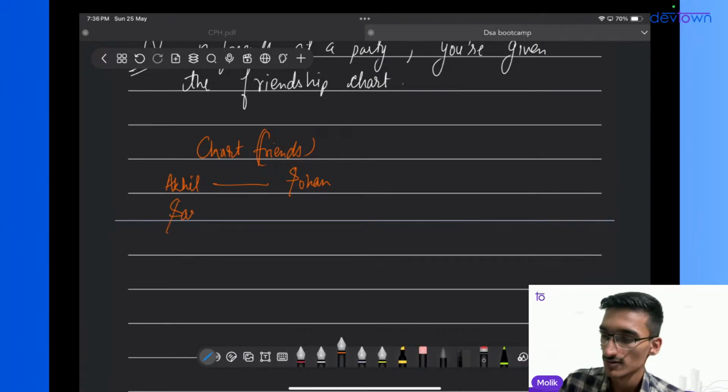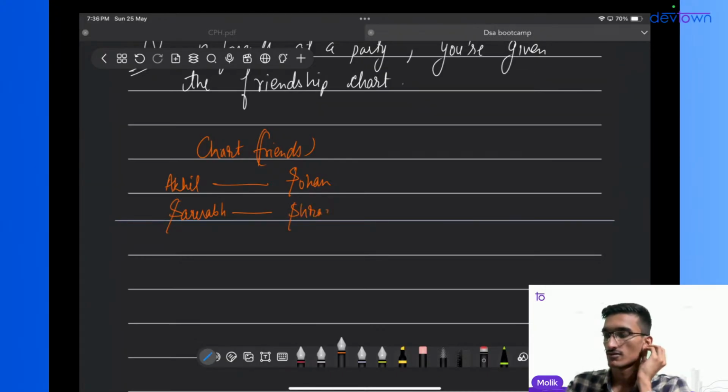And Saurabh, let's say, is friends with, let's say Nitin is friends with Ashwin.